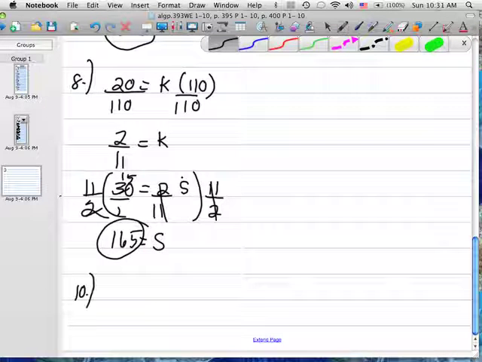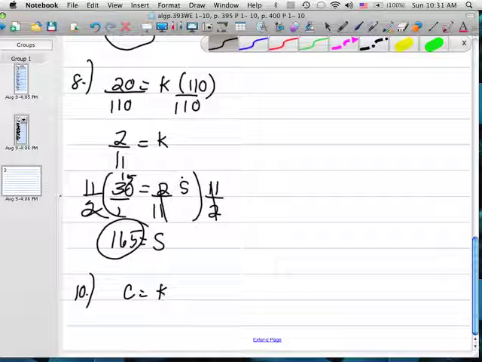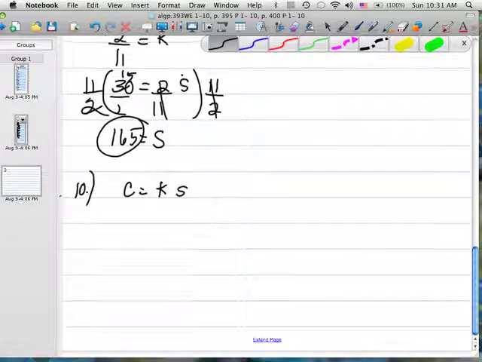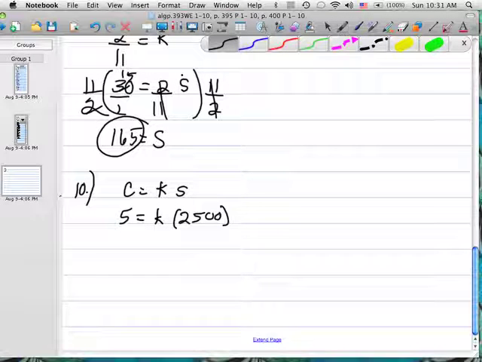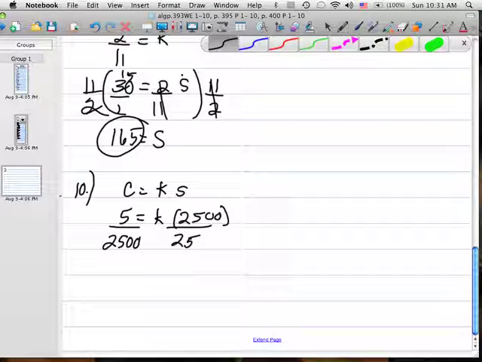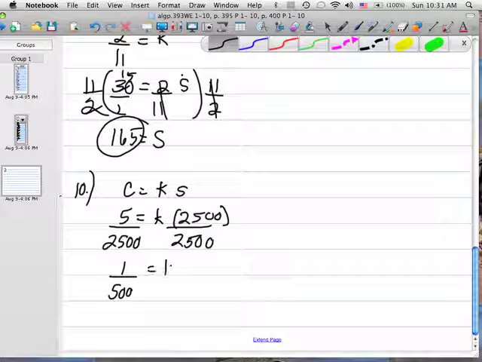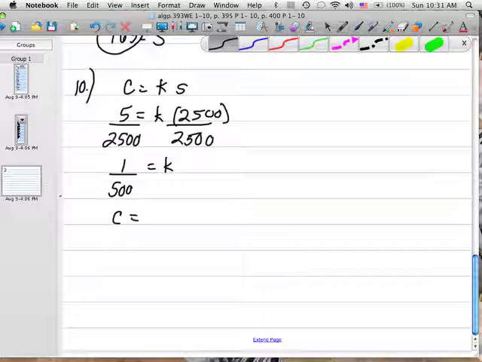And the last problem, the amount of chlorine needed for a pool varies directly. So the chlorine varies directly as the size of the pool. So if 5 units of chlorine is the amount needed for 2,500 liters, let's find the constant of variation, divide by 2,500. And we get 1/500 equals K. So now we want to know how much chlorine is needed for 3,750 liters.